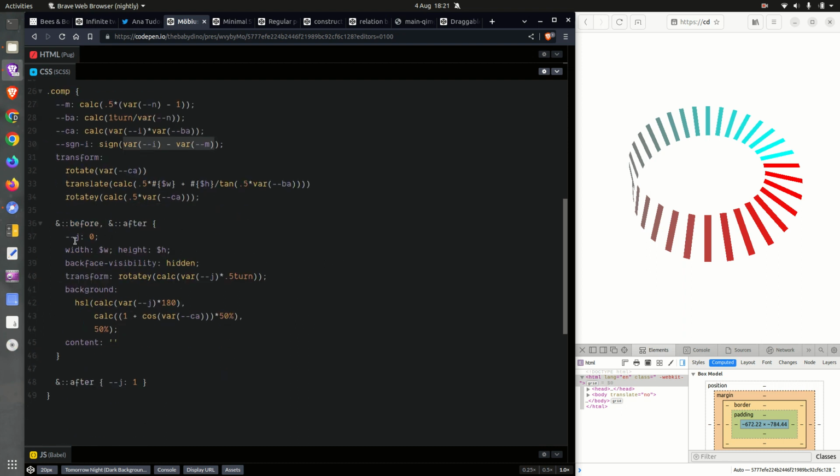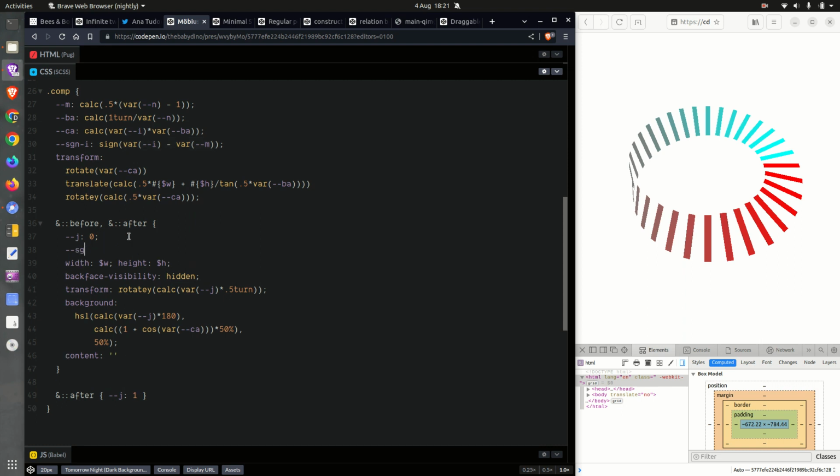Now here we're also going to compute a sign for J, and this one is going to be J minus the middle between 0 and 1. So sign J is going to be sign of J minus 0.5, the middle between 0 and 1.